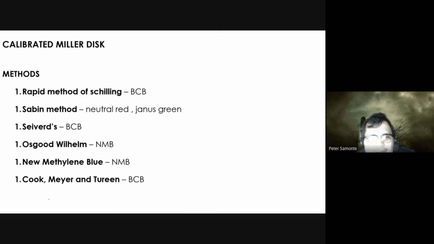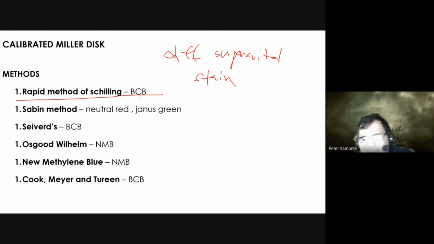Now, there are different methods, class. Dito lang naman nagtatalo, they have different supravital stain. So we have your BCB, rapid methods of Schilling, which uses BCB or also known as your brilliant cresyl blue.